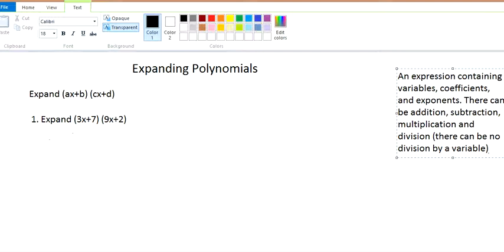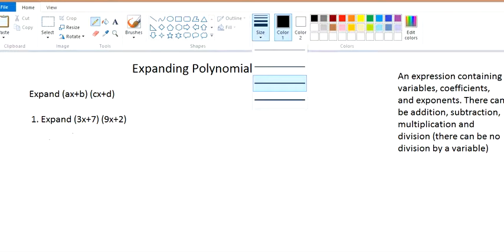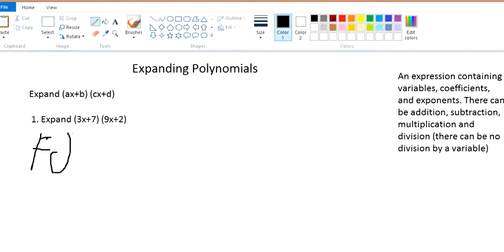Now, when we're expanding polynomials, we commonly use a method called FOIL. Sorry for my atrocious handwriting here.